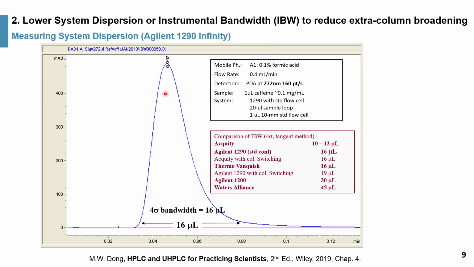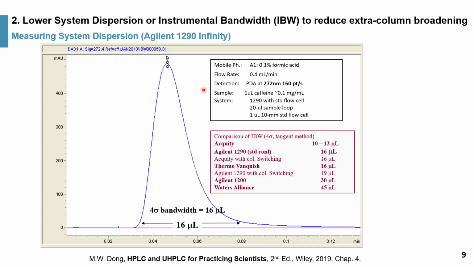To measure system dispersion, in this case study shown on the Agilent 1290 Infinity, one would disconnect the column from the system and rejoin the two ends with a zero dead volume union. So when you inject a small volume of caffeine solution here, under these conditions, under very high data acquisition rate, one would get a trace of the instrumental bandwidth shown here.